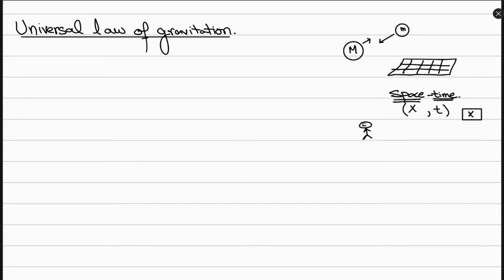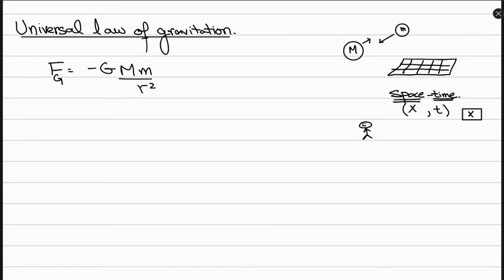So the universal law of gravitation was given by Newton, and it reads, the force of gravity is equal to GMm over r squared, and there is this constant G. This constant is a Newtonian constant, right? And this capital M is the mass of the source of gravity.